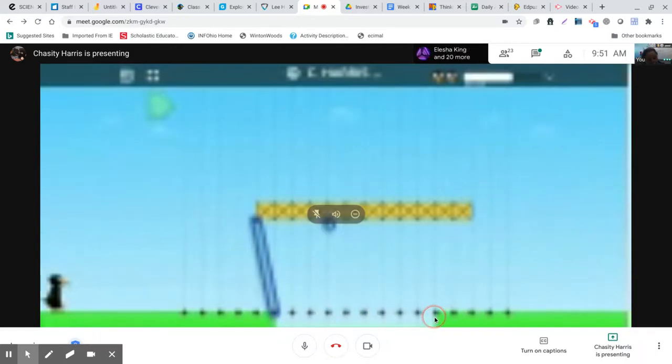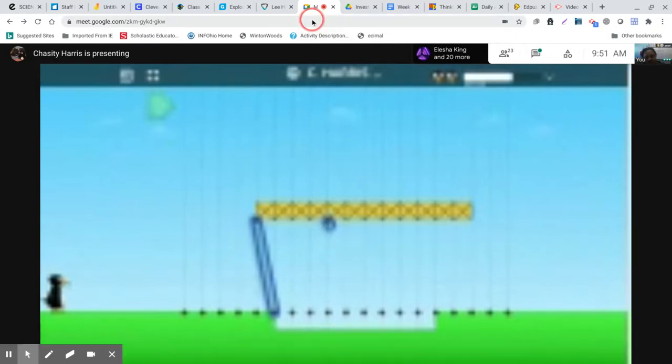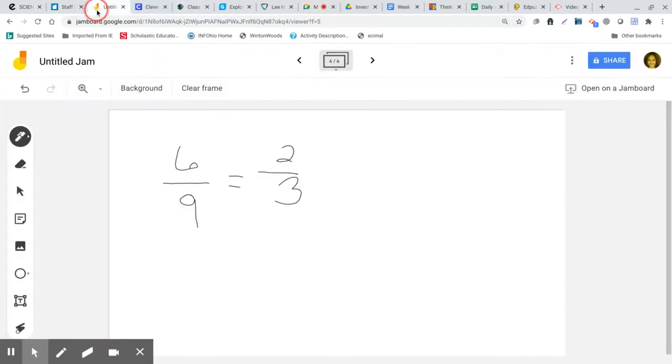That is correct. So 12 to 9, that simplifies to what? 12 to 9 simplifies to a 4 to 3 ratio. You want to reduce by dividing by 3. 12 divided by 3 is 4. 9 divided by 3 is 3. 4 to 3. You are correct.